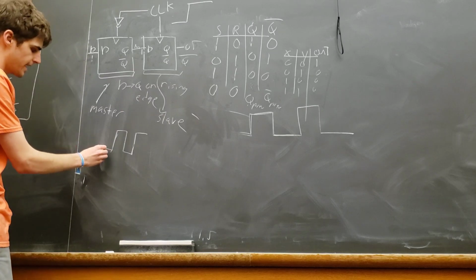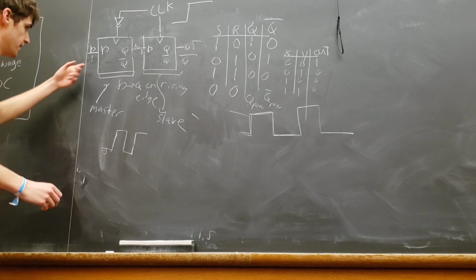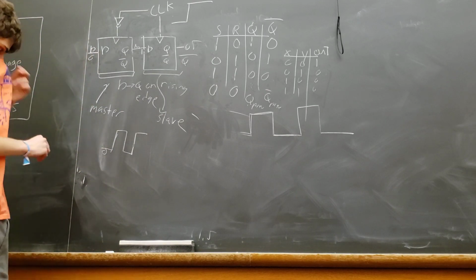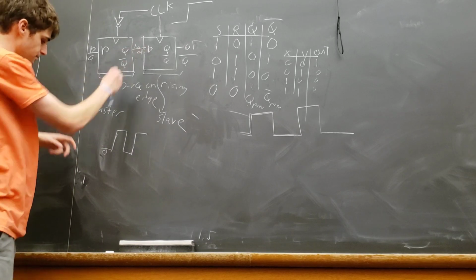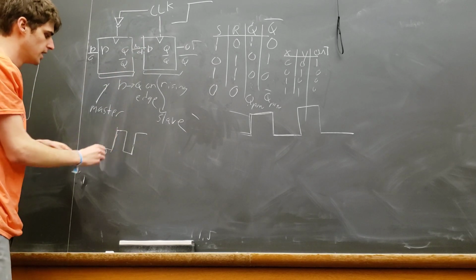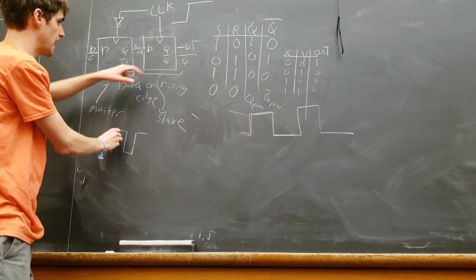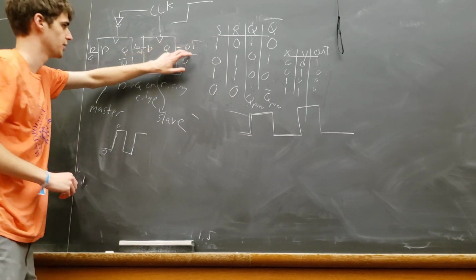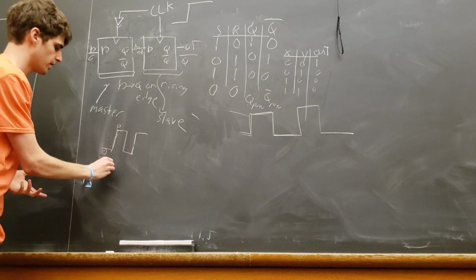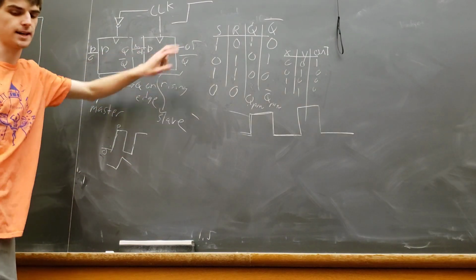So let's say I'm going to put a 0 into the D, and it's gonna be here. And then as soon as this clock edge comes up, that D is gonna be output by this Q right there. So it's cool because you can basically control when you want that to be output there.